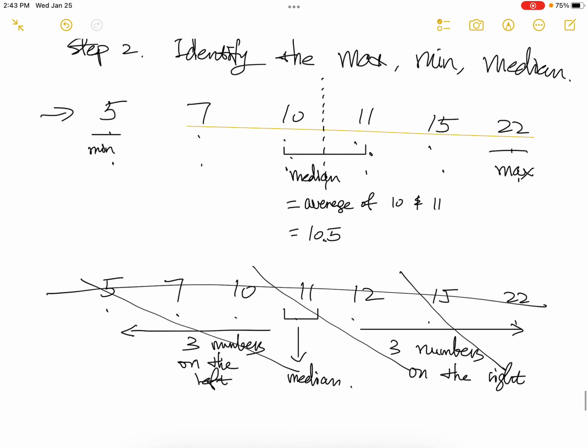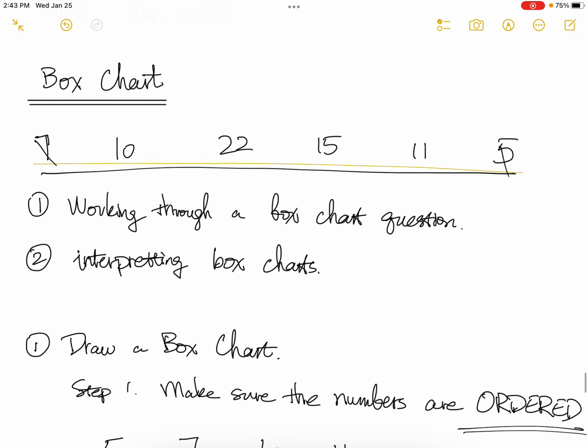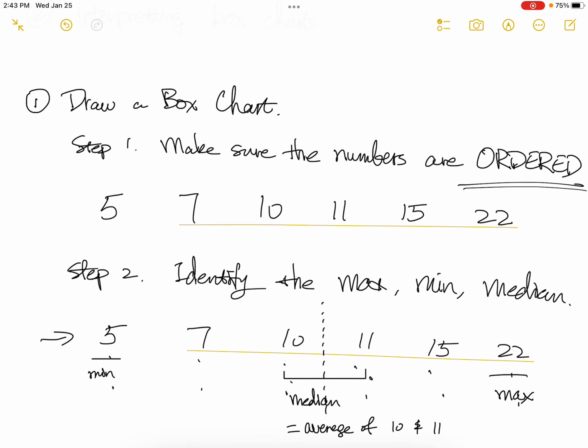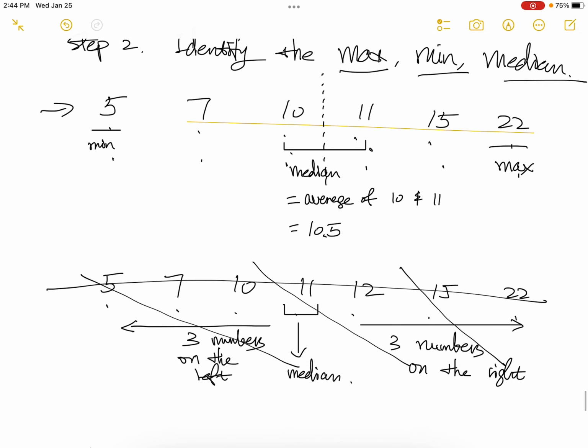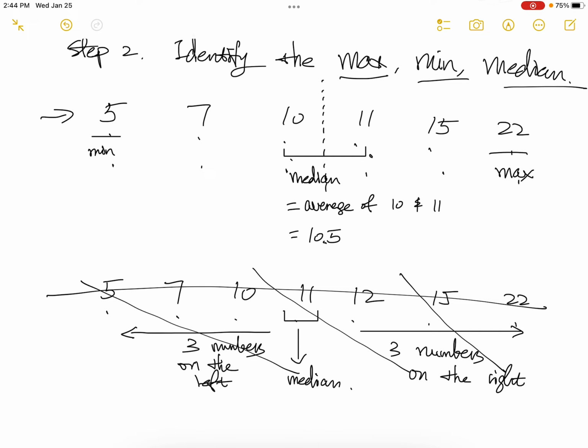So that's the 4 steps. Number 1, absolutely make sure the numbers are ordered. Number 2, pick out the easiest parts: max, min, median. And for median, there are 2 scenarios. If you have 6 numbers, or 8 numbers, or 10 numbers, or 12 numbers, that's an even count, right?